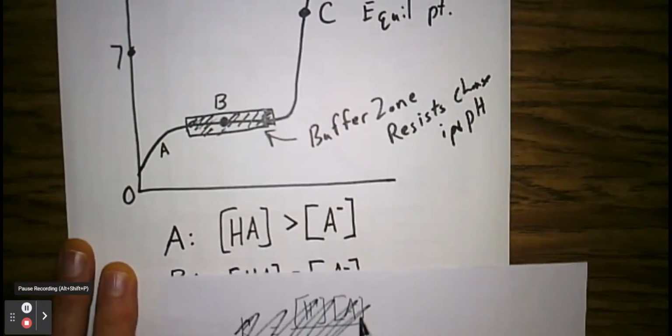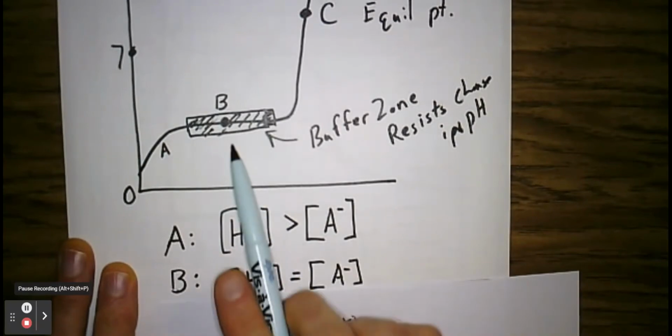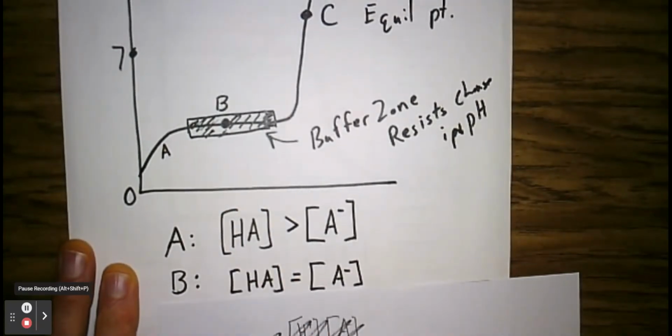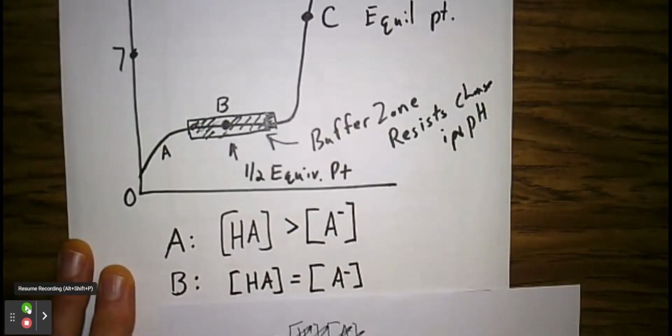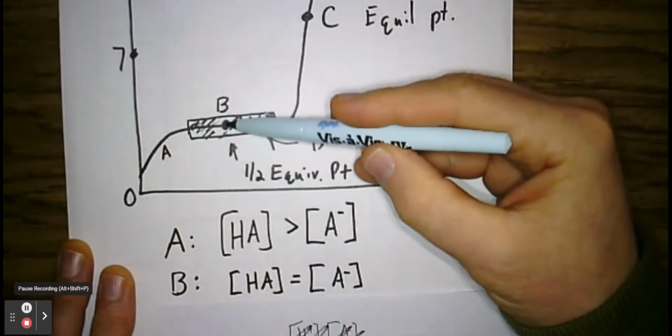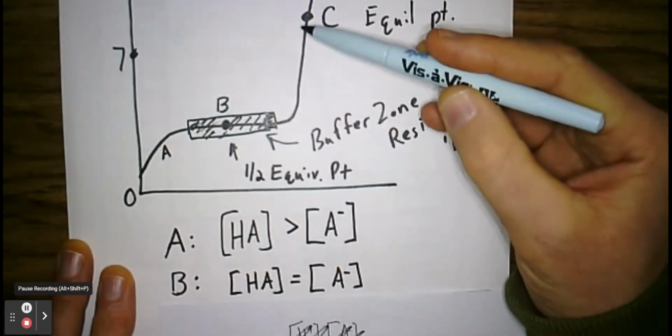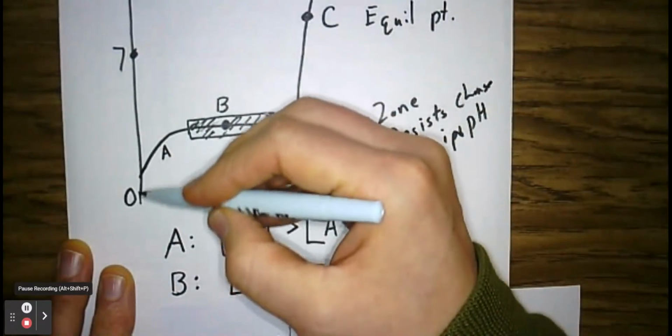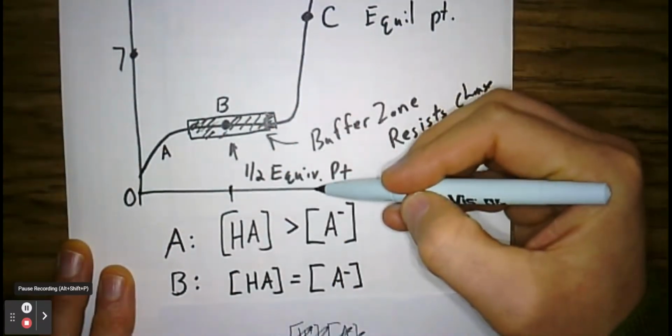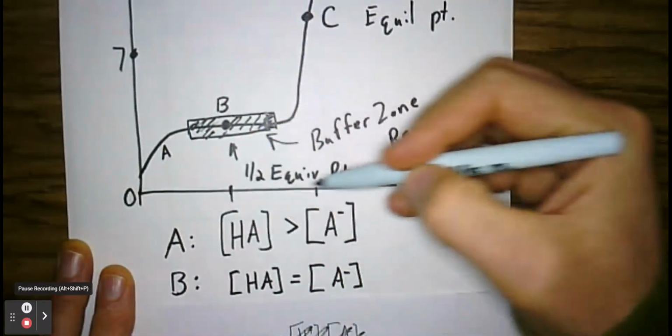And then at B, they're equal to each other. The concentrations of your acid and your base, they're equal. B, at the middle of this buffer zone, that's your half equivalence point, and it should be like half here too. All right, equal in volume.